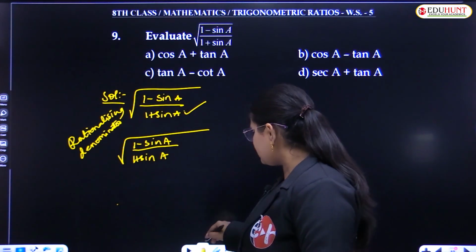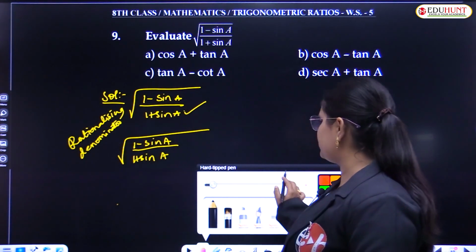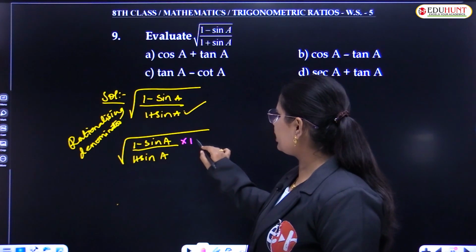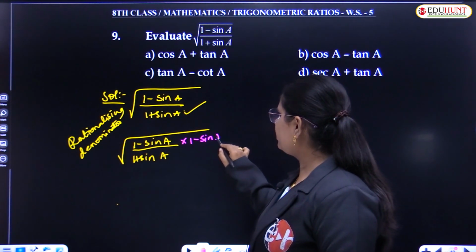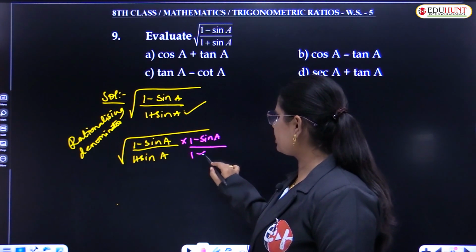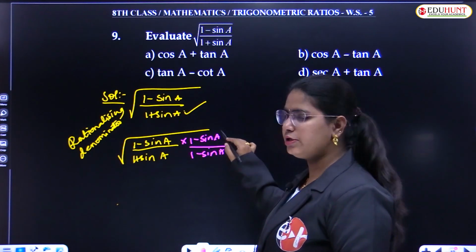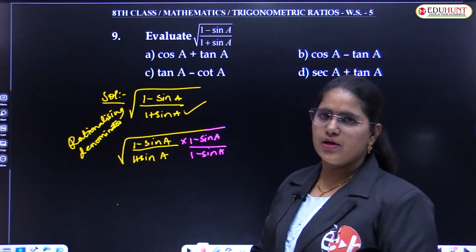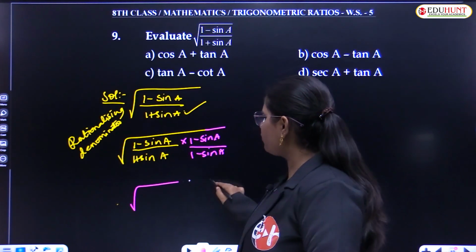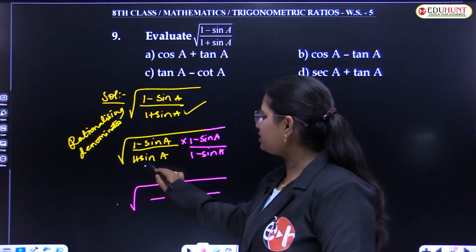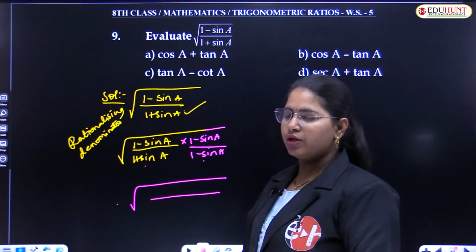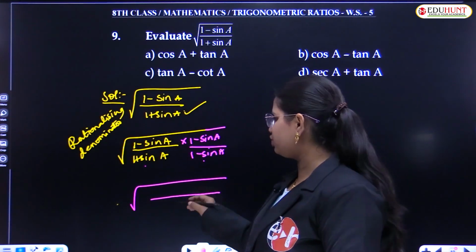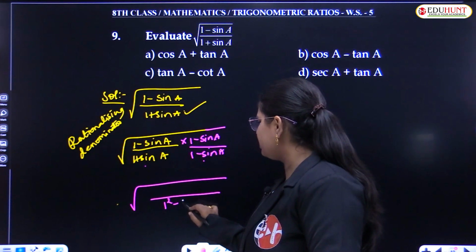If it is 1 plus, I need to change it to 1 minus. So I am going to write 1 minus sin A divided by 1 minus sin A. The same term, I need to multiply and divide on both numerator and denominator. Clear? So in the next step, I get 1 plus sin A into 1 minus sin A, that is a plus b into a minus b, which is a square minus b square.